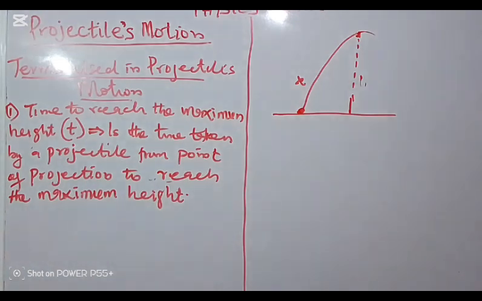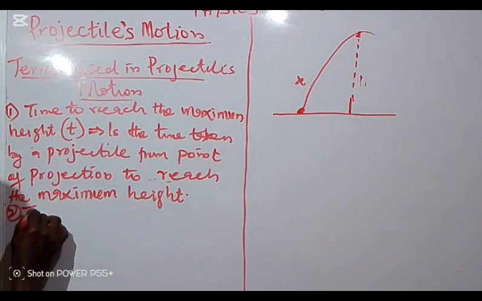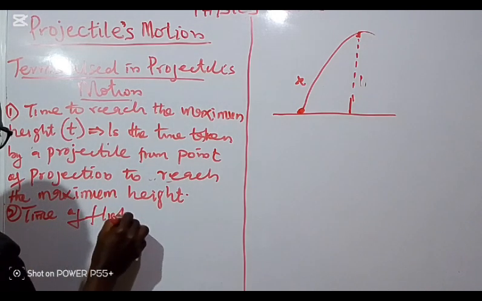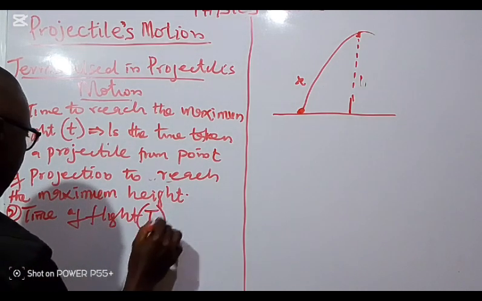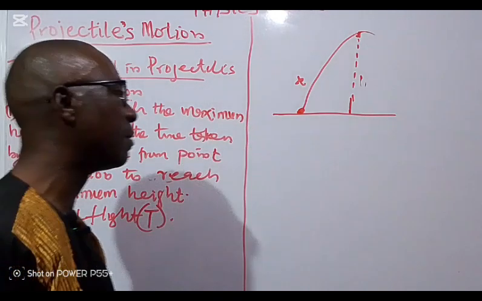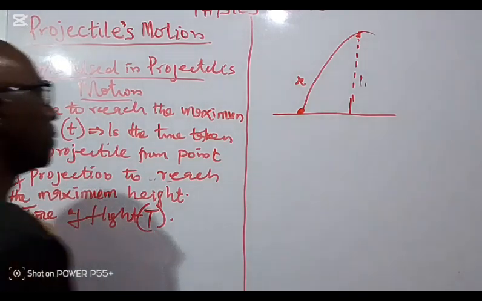Number two, time of flight, capital T. The time of flight of a projectile is the total time taken by that projectile from point of projection to return to the projection plane.